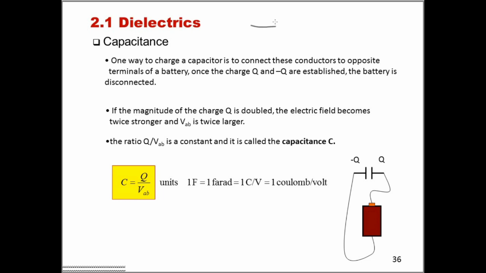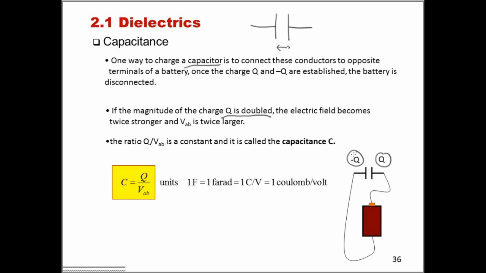This is simply made by placing two metallic plates in front of each other, separated by a certain gap. If we take this device and connect the two terminals to a battery, some charge will be presented to one plate and the opposite charge to the other plate.